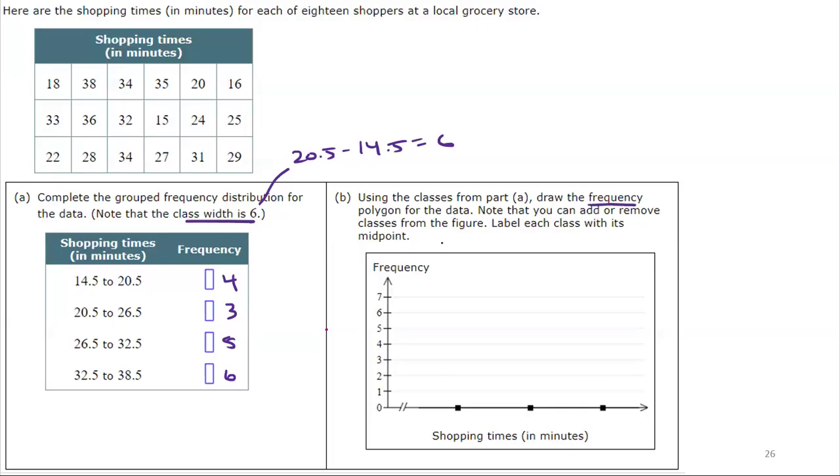Now this one is talking about a frequency polygon. So what does that mean? Remember, a polygon can be a regular polygon or an irregular polygon. Your polygons can be like a triangle, or a square, or a pentagon. These are regular polygons. They don't have to be regular.